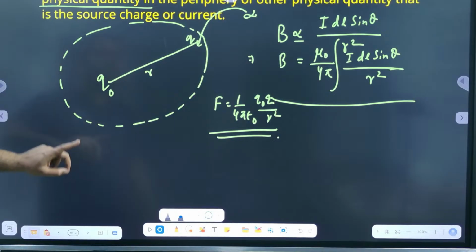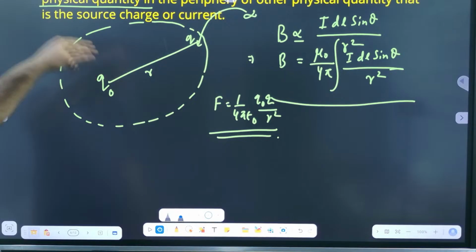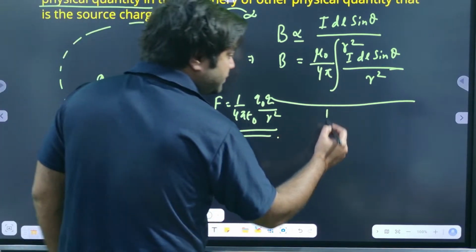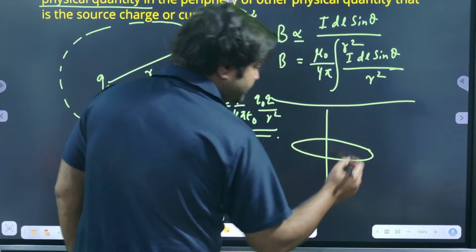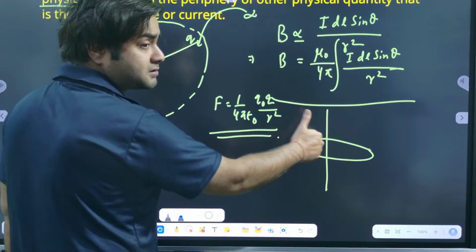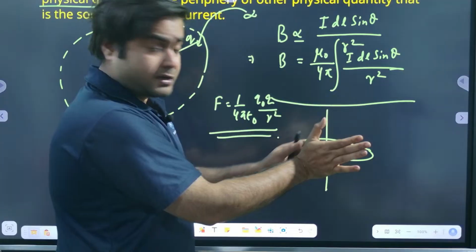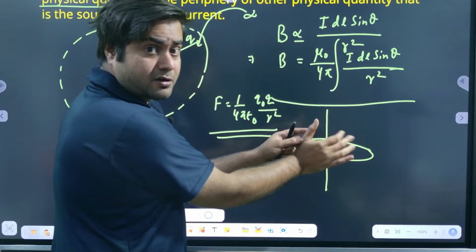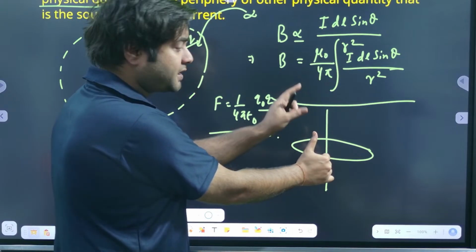And in case of the Bayo-Savart's law as well, and in Ampere Circuital Law, we have already seen that if we apply the Ampere's thumb rule, this curl is basically defining the direction, the orientation of the magnetic field, and this thumb is basically defining the direction of the current.